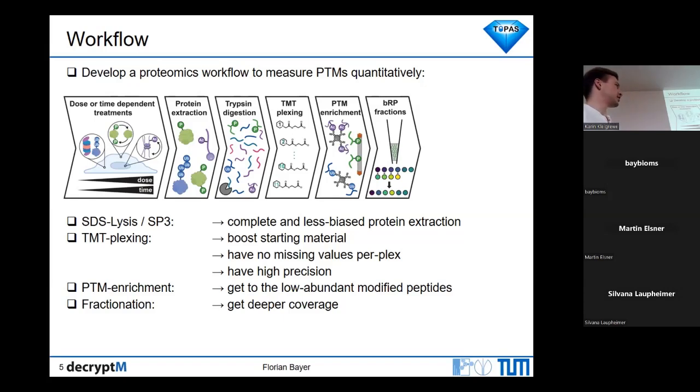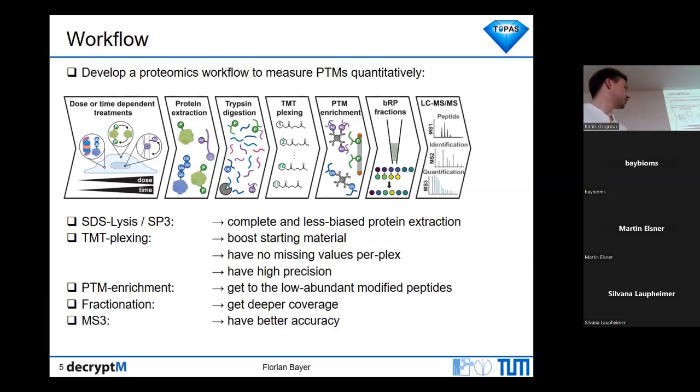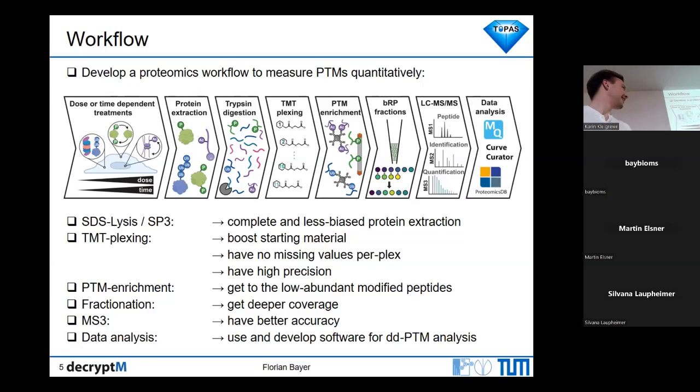So we usually fractionate our samples on tips, and thereby we get a deeper PTM coverage. Then we do MS3 quantification to get enough accuracy on our ratios. And I think if you can buy TMT and these mass spectrometers, you should really do MS3. Just do it. I have no time to go deeper.